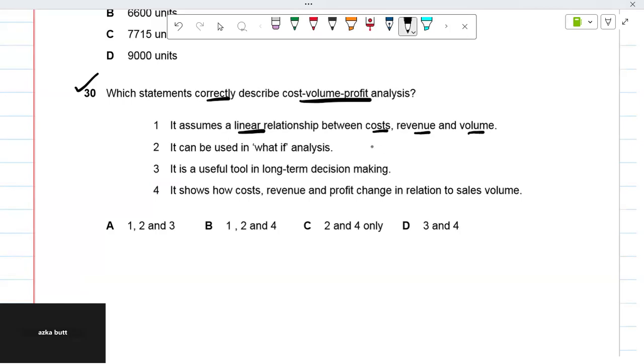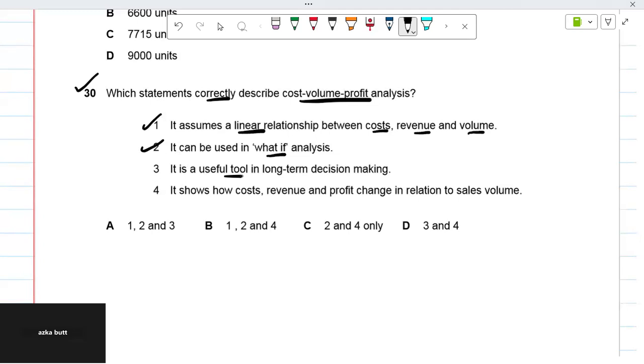This is correct because CVP analysis assumes fixed and variable costs, which lead to a linear relationship. So this seems to be the right option. Now let's see 2. It can be used in what-if analysis. So this is also correct, as CVP analysis is commonly used to explore different scenarios and their effects on profit. So yeah, this is right.